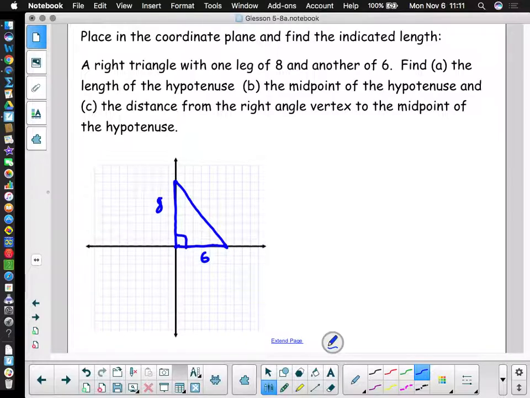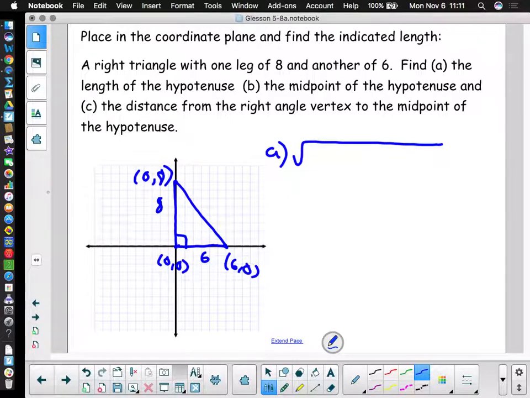If you're going to place a rectangle, I would, again, put one of the vertices right at the origin, at 0, 0. Keep as many zeros in my coordinates as possible. It makes distance and slope and all the other formulas very simple to work with. You've got to find three things. First, the length of the hypotenuse. So again, a length.